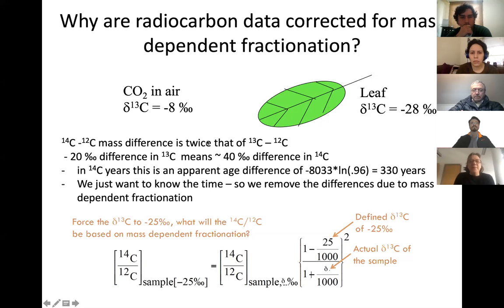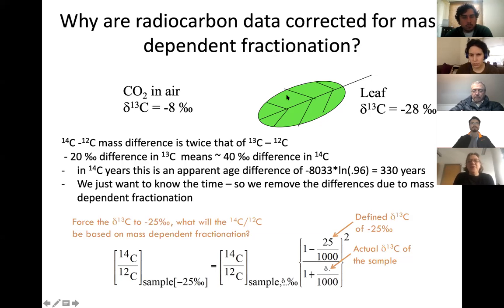We know that the mass difference of C13 to C12 is 1, and the difference from carbon-14 to 12 is 2, so we expect twice the fractionation by mass. So a 20 per mil difference in C13 would be a 40 per mil difference in radiocarbon. And if we turn this into radiocarbon years, which I'll get to in a second, it's about 330 years.